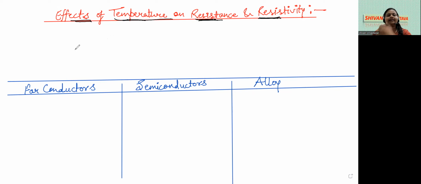From the 10th standard, we must have studied Ohm's law. You remember Ohm's law? In Ohm's law, V is equal to IR. Voltage is always directly proportional to current, right?